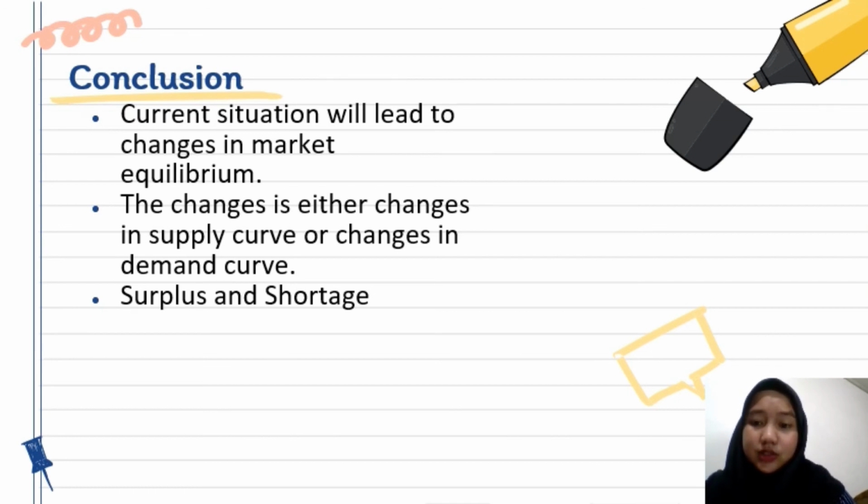And then a shortage is when the demand is greater than the supply. The producer produces stock that is not enough for what customers want right now. A lot of customers want it, but the stock is very limited. So of course, they have to figure out what to do.